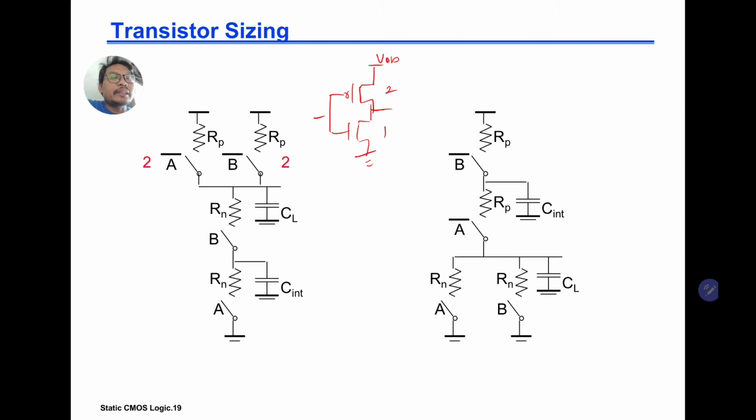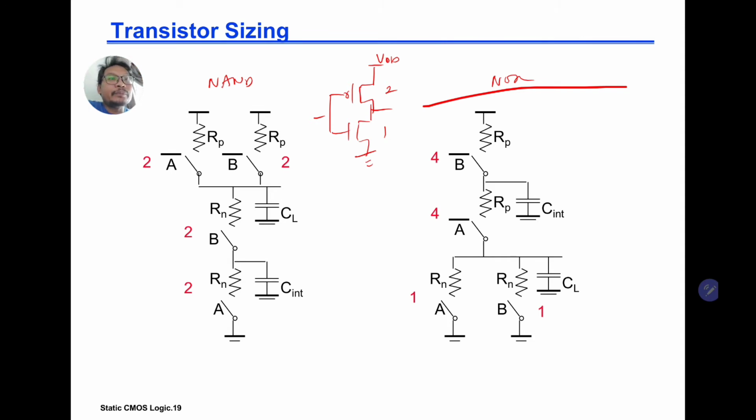Okay, so here let's look at the example. This is your NAND gate, and this is your NOR gate. When we talk about the size, the objective is to have the worst case TPHL and TPLH the same, the worst case delay the same.